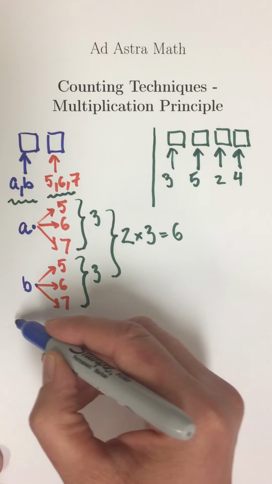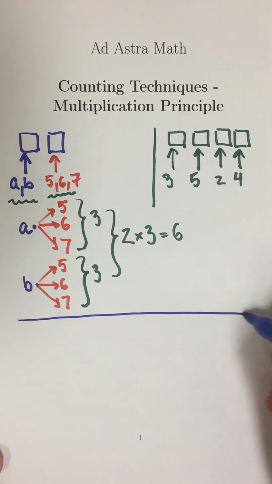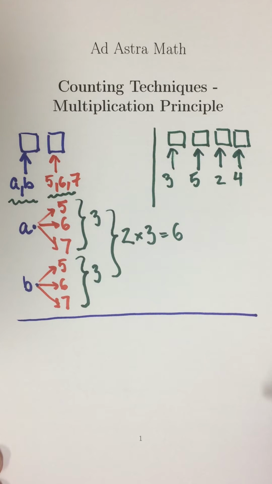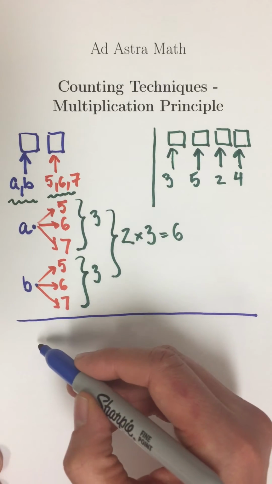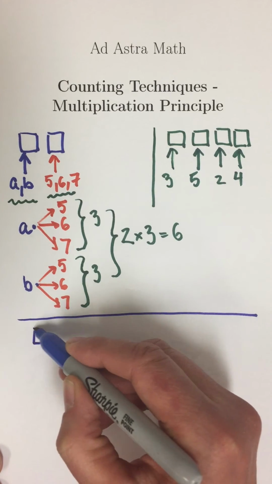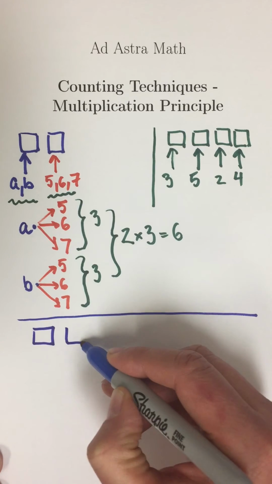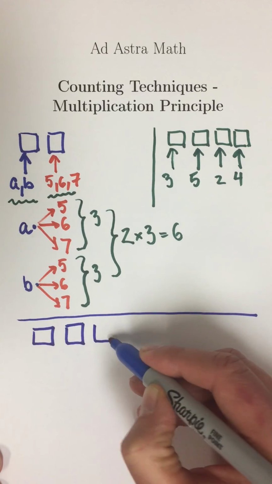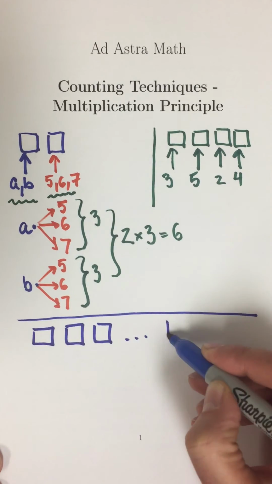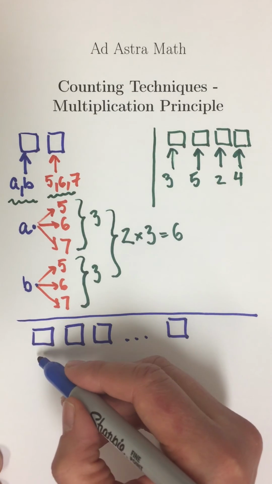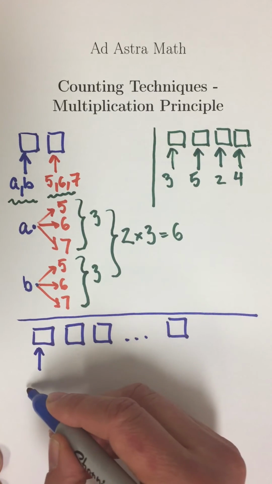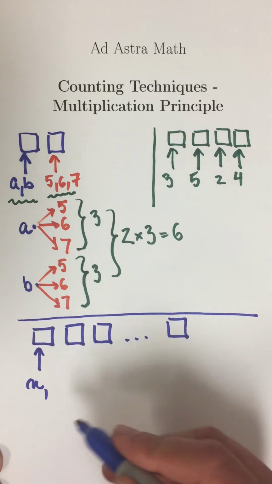But now we can actually write down the basic counting principle, which is this multiplication principle, and it goes like this. If you have to make some choices, it doesn't matter actually how many choices you are going to have to make. But for the first choice, you have, let's say, N1 options.